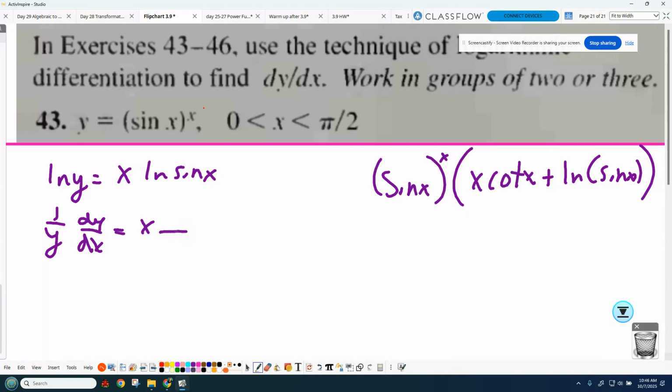First times the derivative of the second, derivative of that, times chain rule. So then it becomes y times x. If you still had cosine over sine, that's fine. Cotangent is also right. Natural log of sin x. So I agree with that one. There are different ways to have written it.